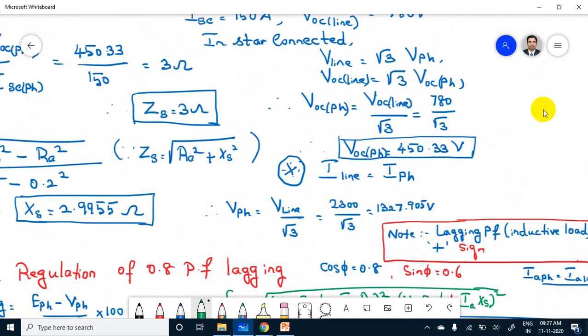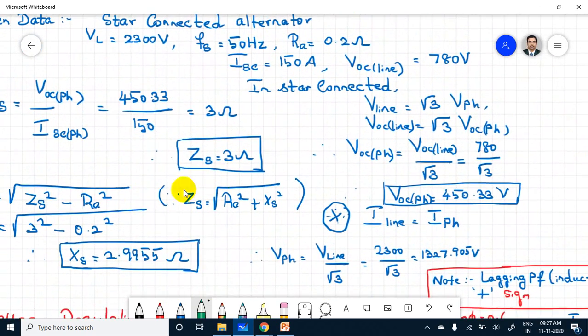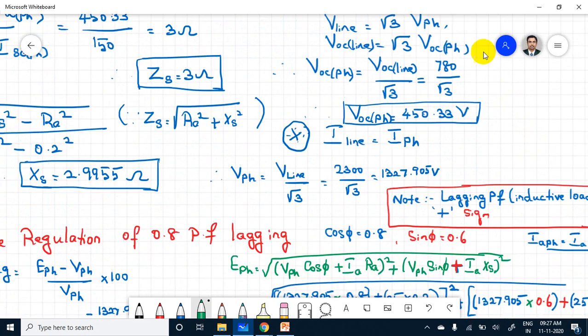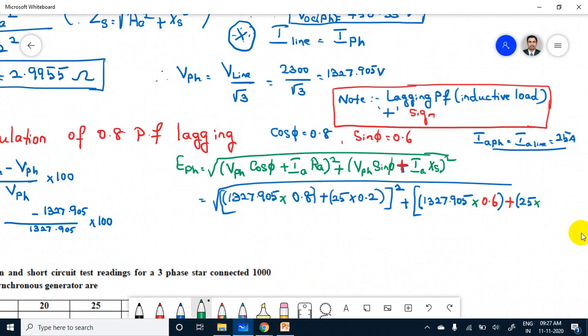We already got it in step 1: XS is 2.9955, whole square.